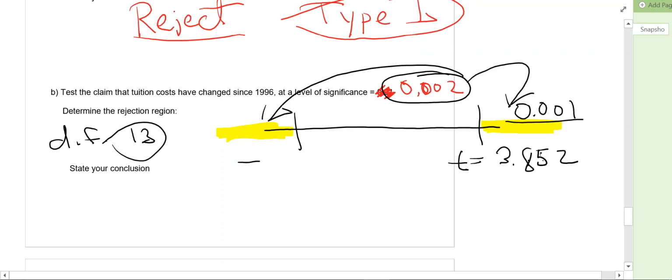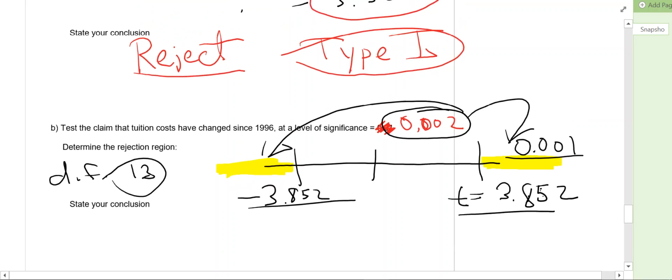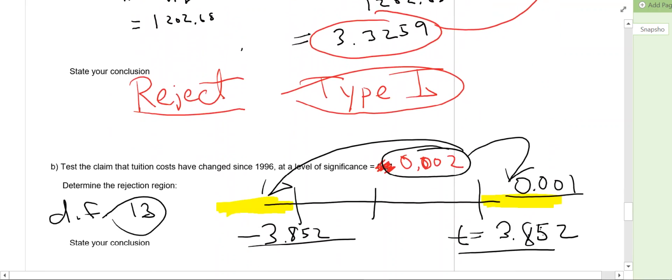So over here, it's negative 3.852 because again, I'm below the sample mean, the assumed population mean here, right? So there's my t-score. I still work with the same value I got up here.